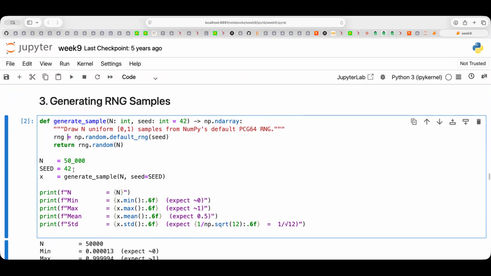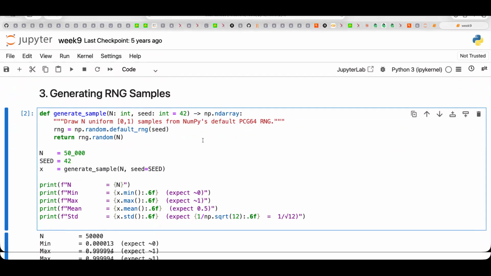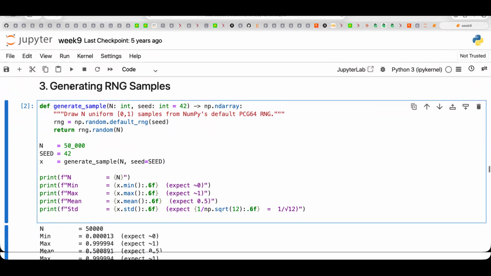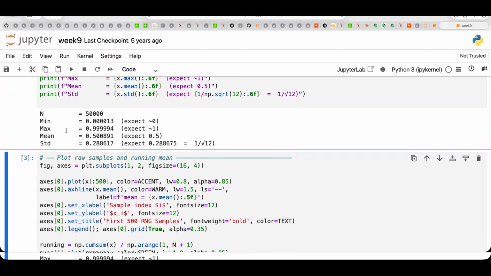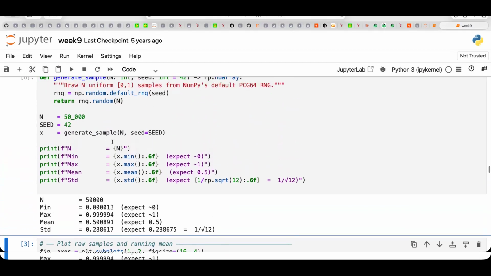I set the same seed because I want to be able to repeat the calculations. And this takes the default RNG here, which has astronomically long periods. So this is number of points, min and max, the values. The mean value is not exactly 0.5 because I have a limited number of variables.